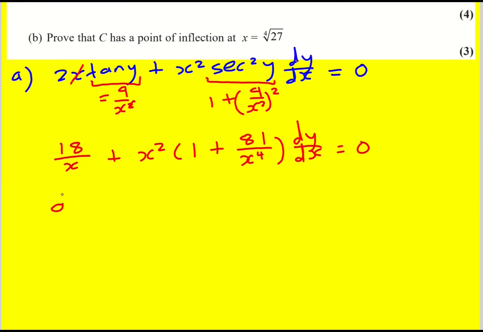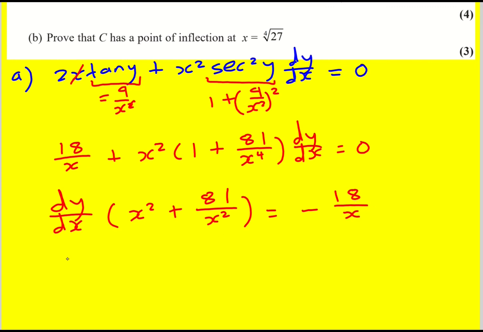I think I'll expand, right, let's just write dy by dx and then expand this bracket bit to give me x squared plus 81 over x squared. And that's going to equal minus 18 over x.